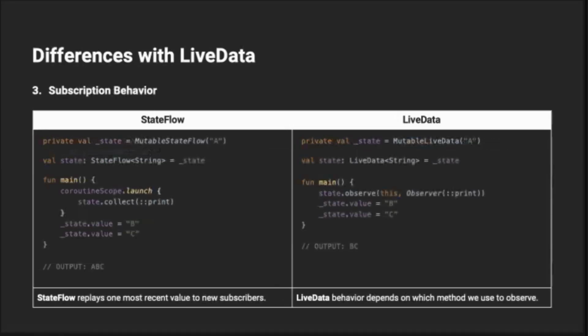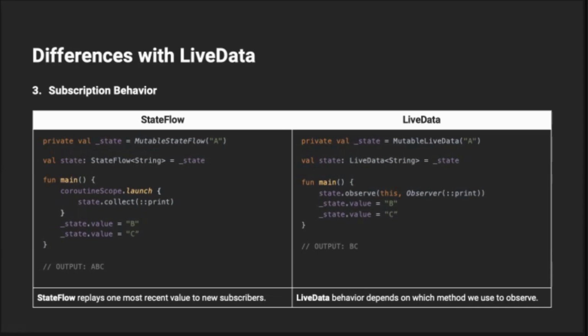The next difference is the most interesting one. StateFlow replays the one most recent value to new subscribers. In this example, we assign A as the initial value of the mutable StateFlow. We start the data collection using coroutineScope.launch, then assign B and C as the next values. The output prints ABC. While in LiveData, the behavior depends on which method we use to observe data changes.